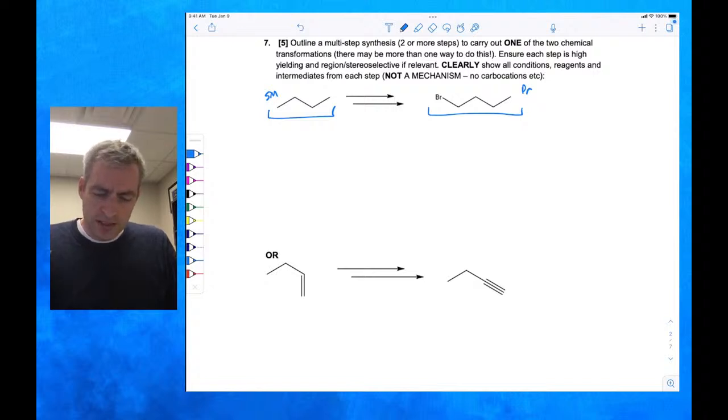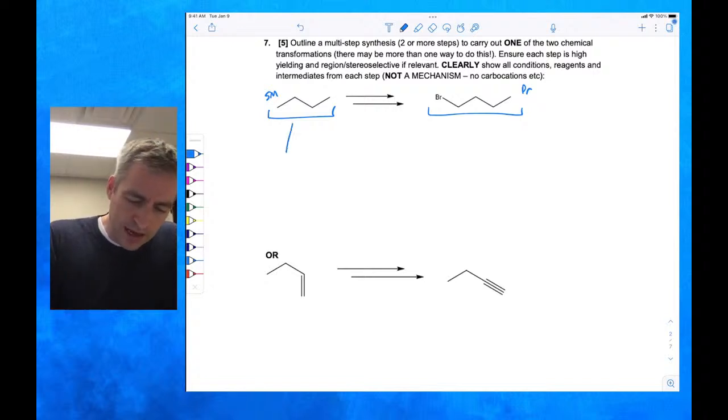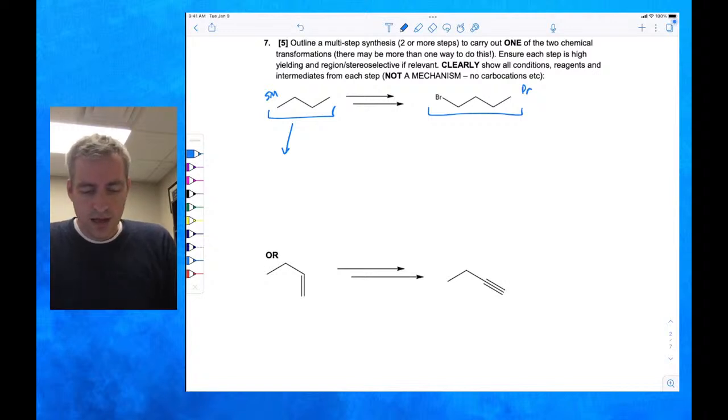So you can see in this example, we are beginning with an alkane. It's just butane. And the nice thing about only knowing a couple of reactions so far is that the options we have are fairly limited at this point. In fact, there's only one reaction we looked at that begins with an alkane.